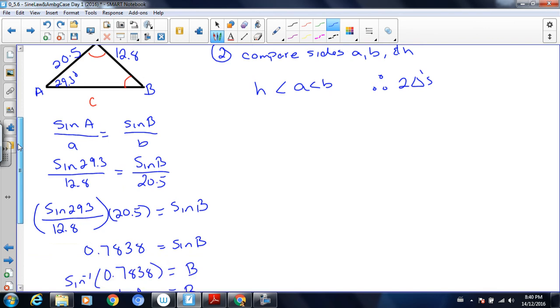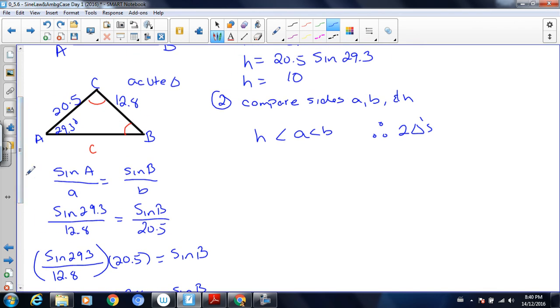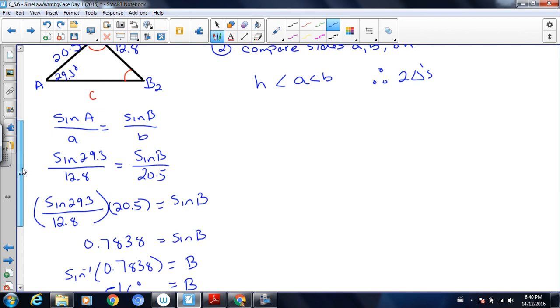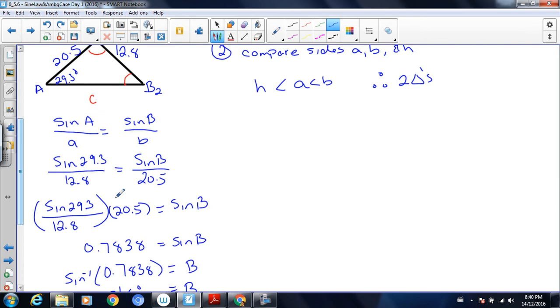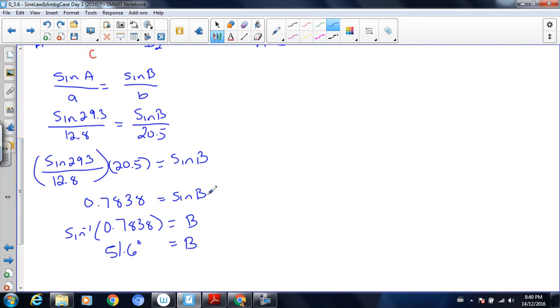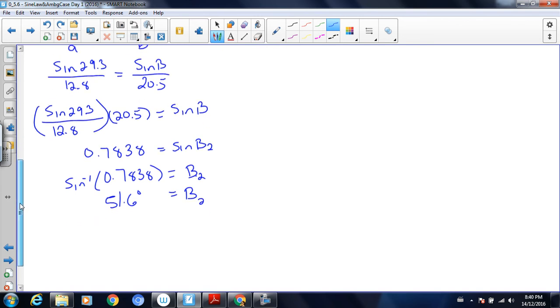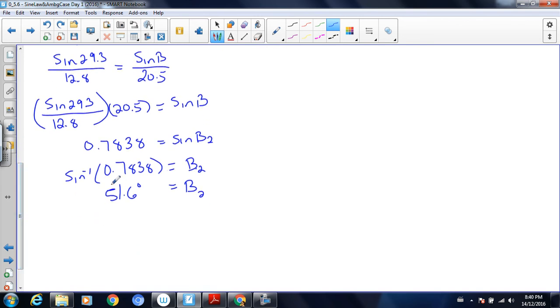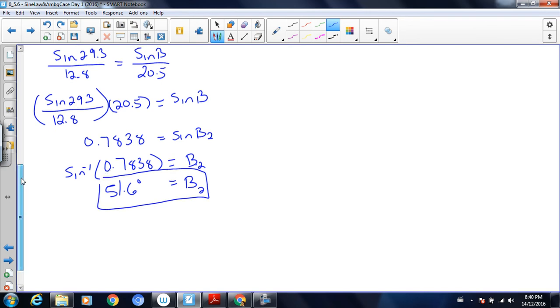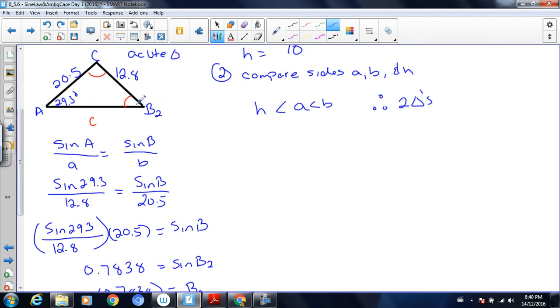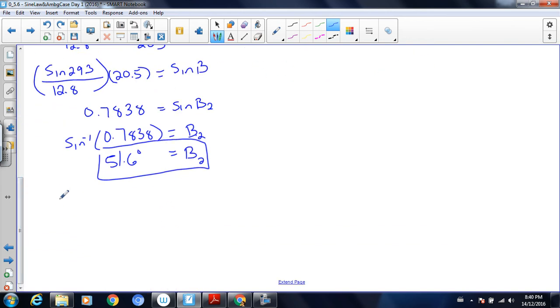Now remember, this is my acute triangle. This is technically B2, so I can write here, angle B2 is 51.6 degrees. So I have my first angle. Because I have B2 and angle A, I can simply solve for angle C, because I know a triangle is 180 degrees.